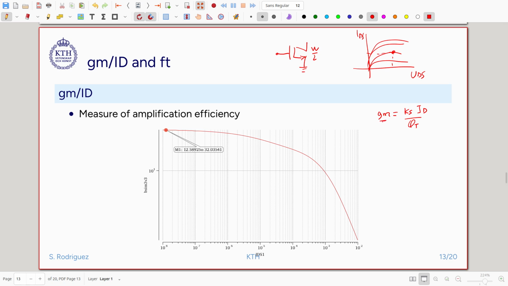So the transconductance grows linearly with the current, and this is in weak inversion.